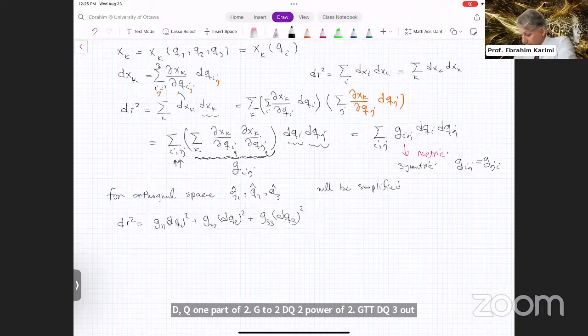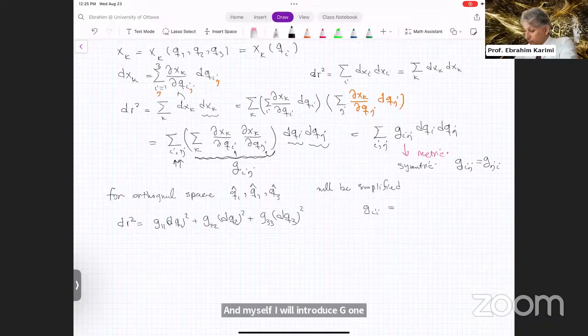And myself, I will introduce Gii to be equal to Hi power of 2. And I call these the factors of the coordinate.